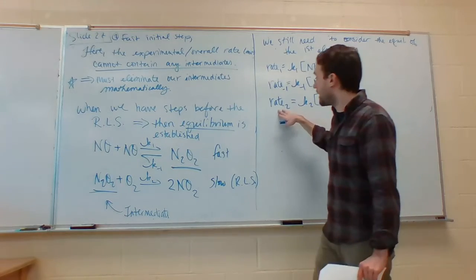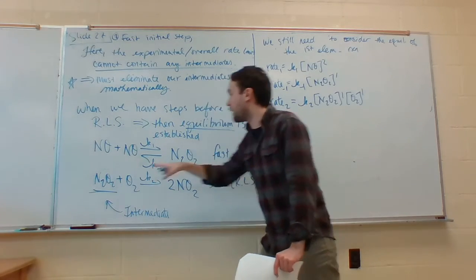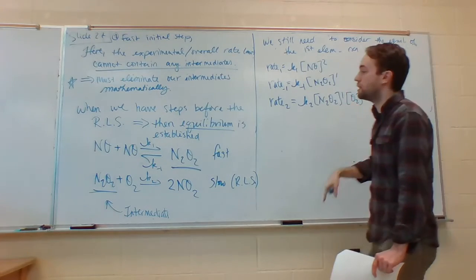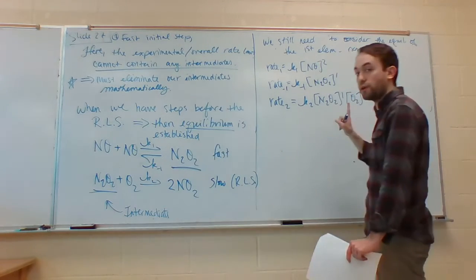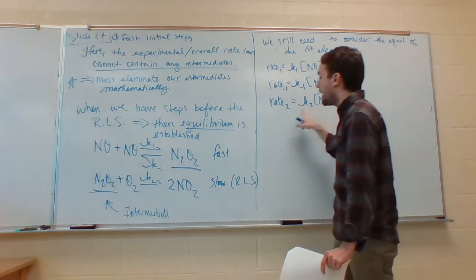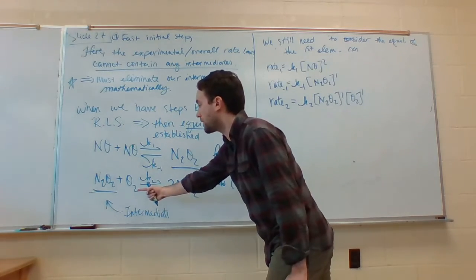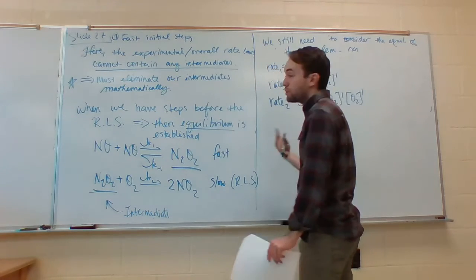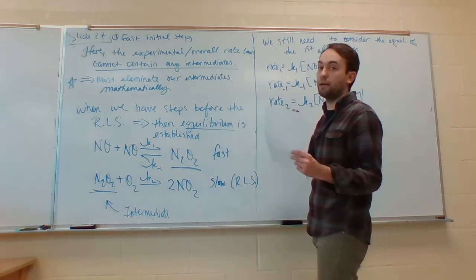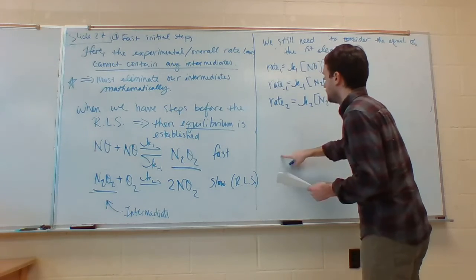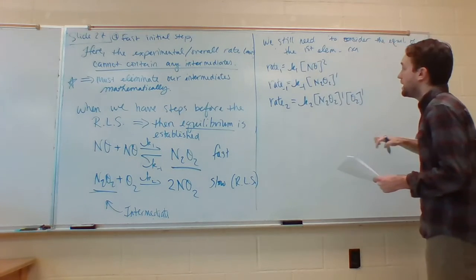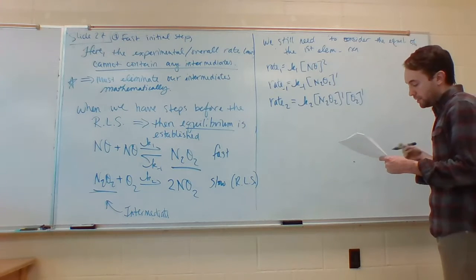Then I looked at my second rate and I said, okay, well, that's my concentration of N2O2 to the first times my concentration of O2 to the first, because I only have one of each of those, and I multiplied that by my rate constant there. Notice that there's not a backwards reaction for this process because that was our rate limiting step and we can't go back over that mountain, okay? So here are 3 elementary rate laws, all right?